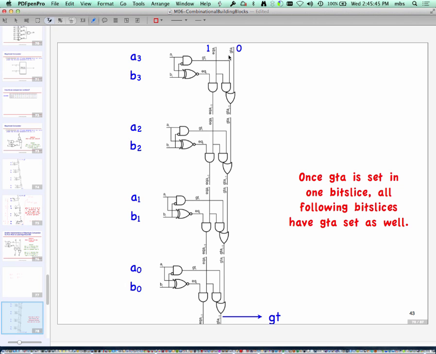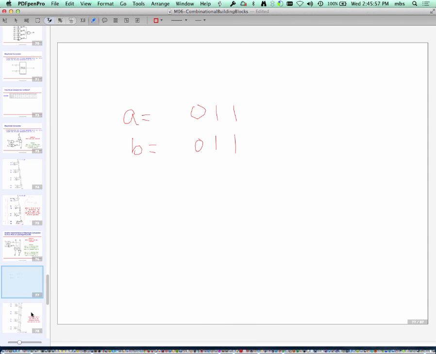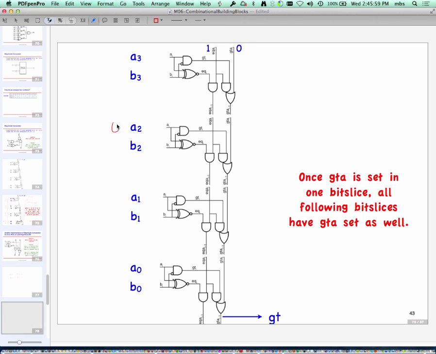We are going to start out with the most significant bit, equal being 1 and greater being 0. In your example, you wanted me to do 0, 1, 1. So we have 0, 0, 1, 1, 1, 1, and we are going to make the inputs out here 1 and 0.